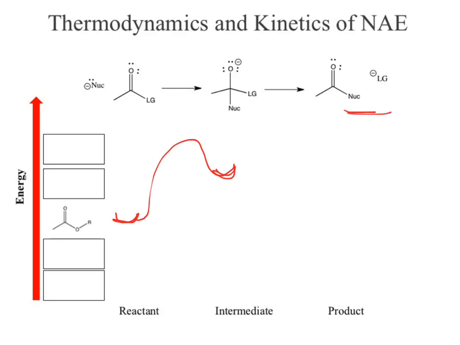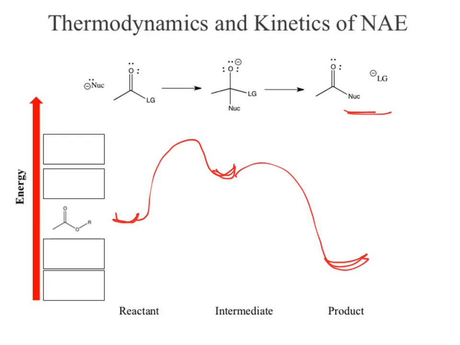If we assume our nucleophile is higher in energy than our leaving group, what does that mean our product is? The leaving group is more stable, meaning your product should be lower in energy.